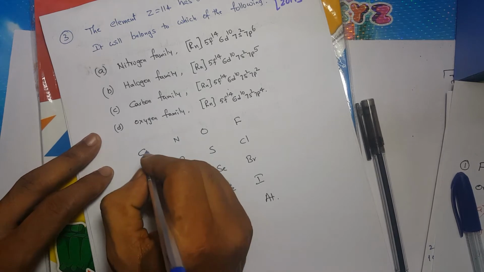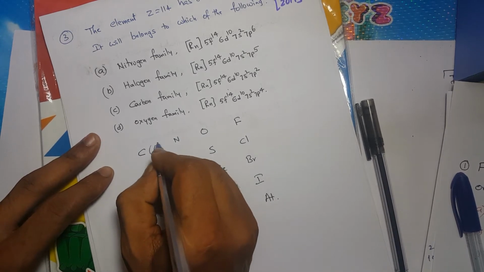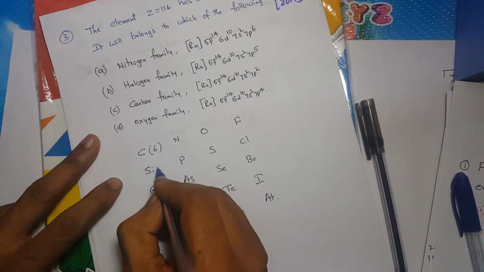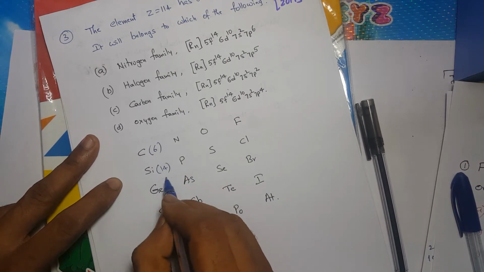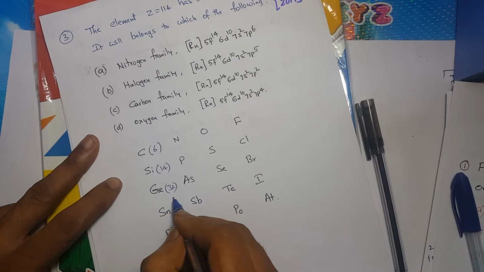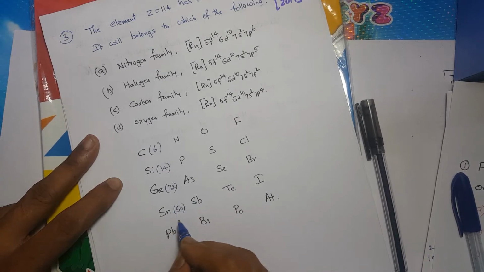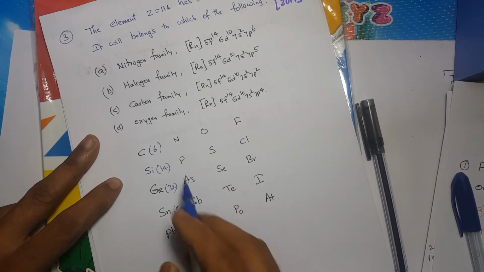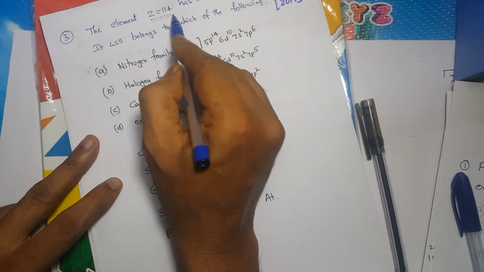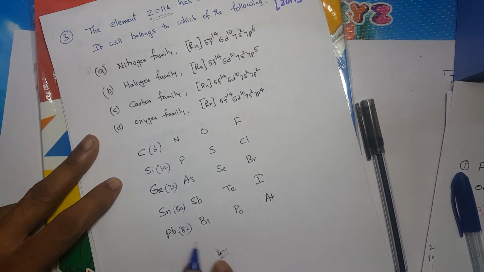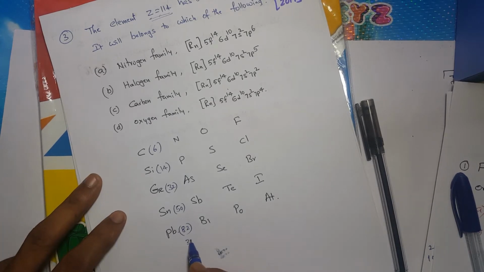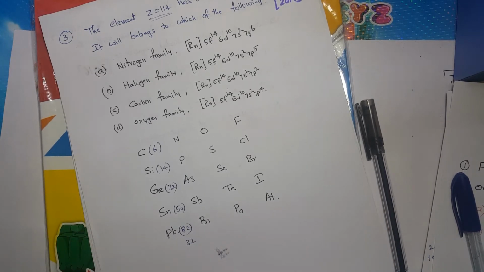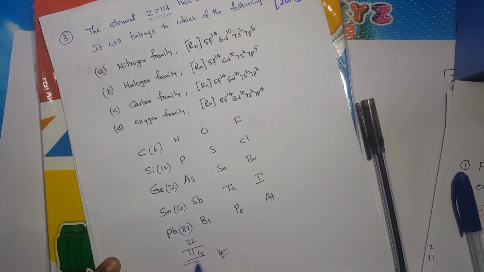Then we can write down the atomic numbers. What is the atomic number for carbon? It is 6. Next, silicon 14, germanium add 18 to get 32, next 18 gives 50, next 32 gives 82. But they have mentioned the atomic number is greater than 100, so for the next one you need to add one more 32, that means 114.